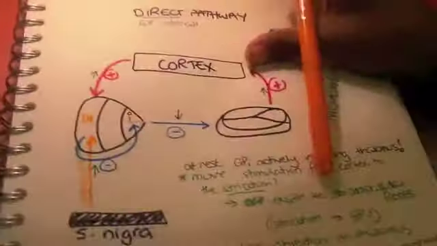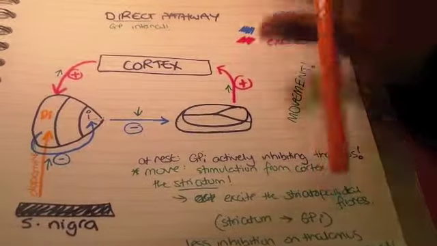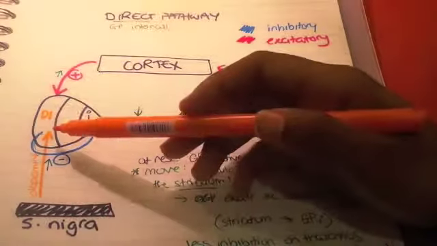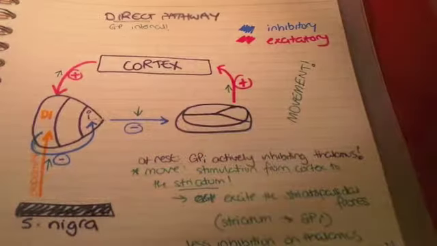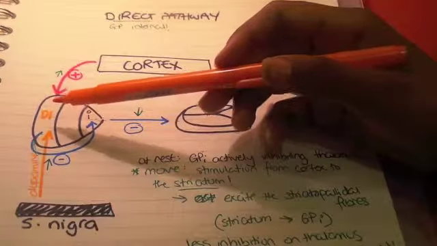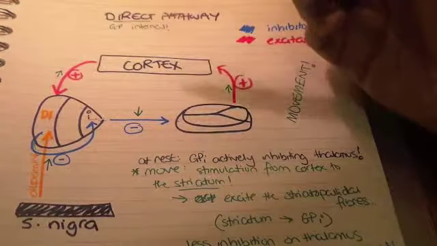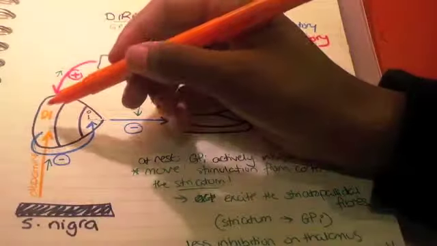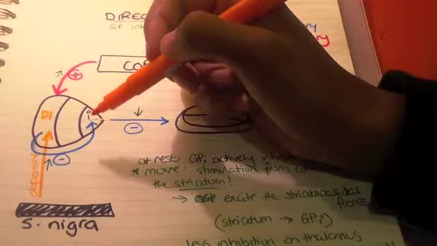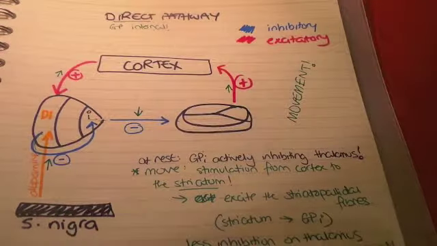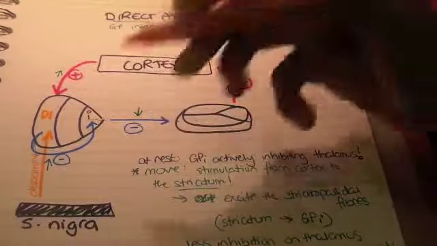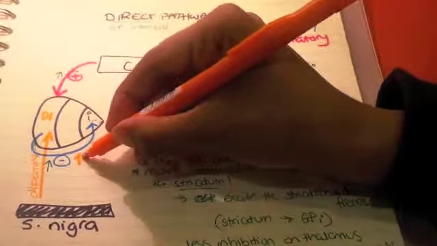So back to the circuit. Dopamine is released from substantia nigra compacta, and it acts on D1 receptors in the striatum. So what is it going to do? We said that D1 has a stimulatory effect. So it's going to stimulate the output of the striatopallidal fibers.